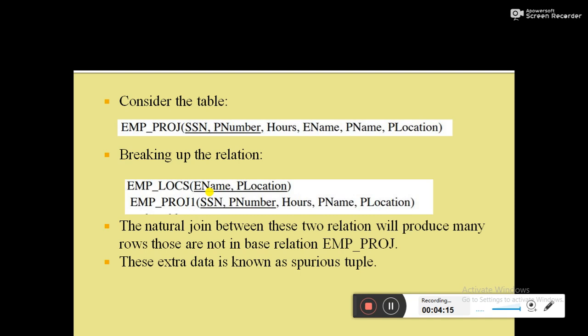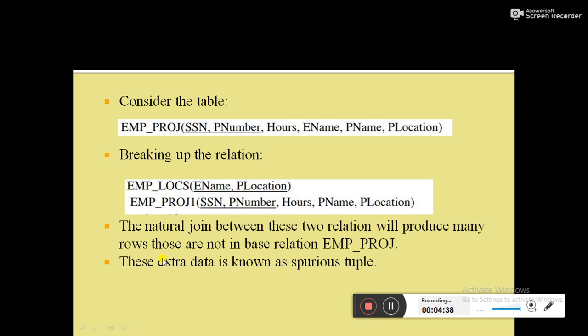Now, if we break the table EMP_PROJ that way, then we can say that the breakup is a good or perfect breakup if, after performing the natural join between these two tables, we get back the original relation.